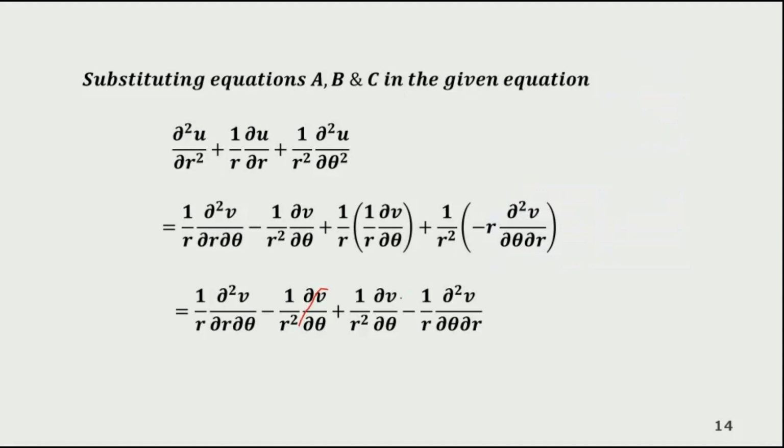These two terms will get cancelled. Plus minus 1/r² and plus 1/r². Are they same here? यहाँ पे (1/r) ∂²v/∂r∂θ है, यहाँ पे minus (1/r) ∂²v/∂θ∂r. We know that this is also equal, तो ये भी कैंसिल हो जाएगा and we will get the answer as equal to 0.